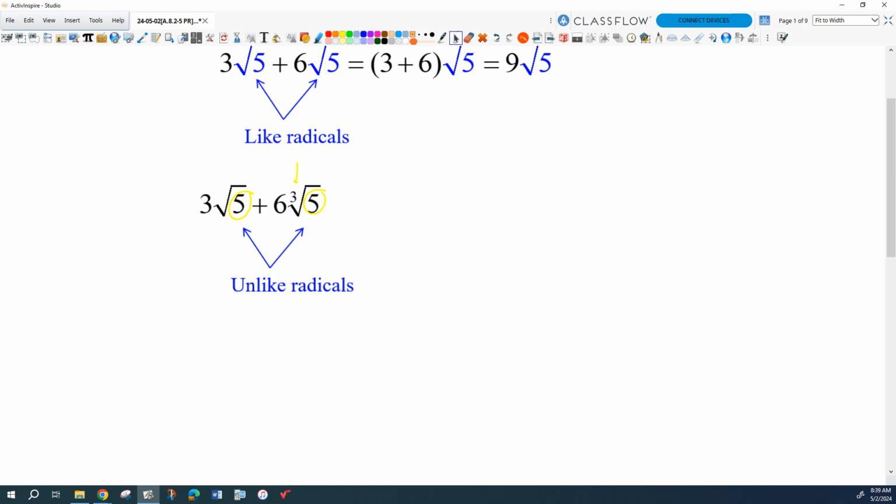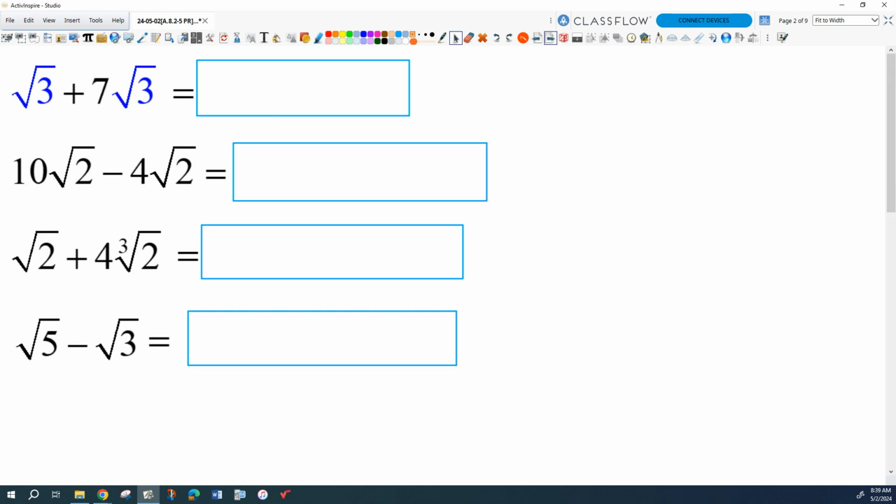Let's just practice a little bit. So, top one. Everybody stare at that for a second. What am I going to get? No. If I add up, why radical 6?